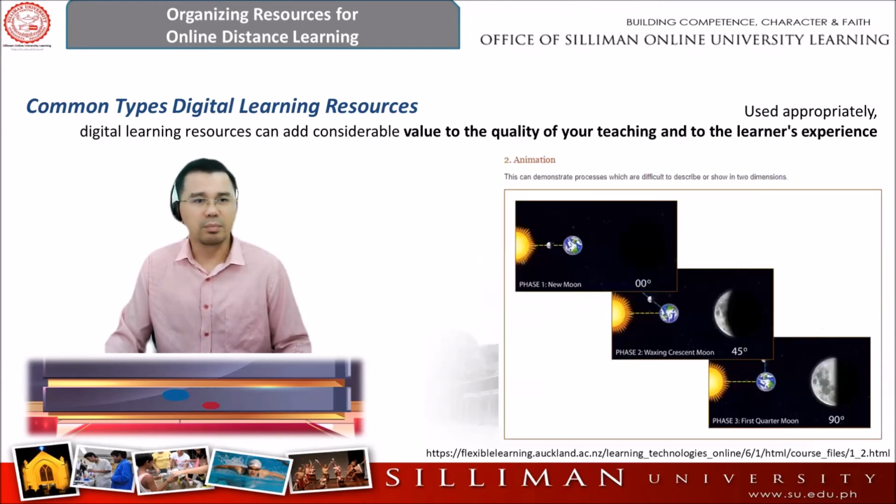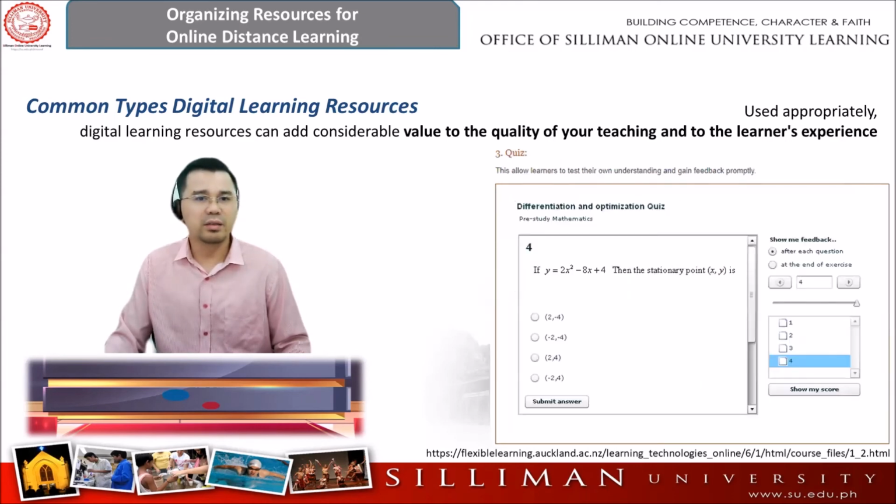Animation is another type of digital learning resource, and this can demonstrate processes which are difficult to describe or show in two dimensions. The third one is a quiz digital learning resource. This allows learners to test their own understanding and gain feedback promptly and immediately.